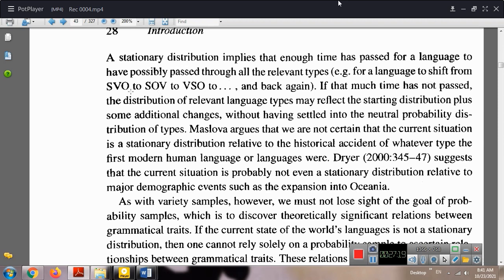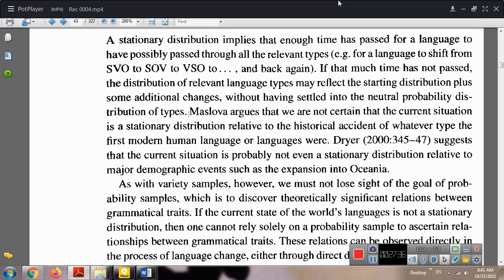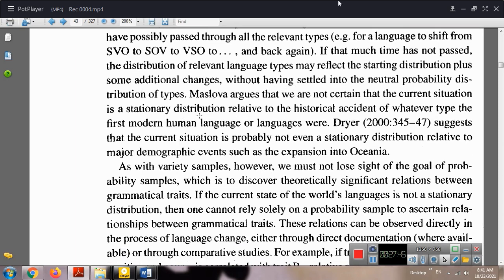like for a language to shift from SVO to SOV or VSO, and so on, and then back again. If that much time has not passed, the distribution of relevant language types may reflect the starting distribution plus some additional changes, without having settled into the neutral probability distribution of types.